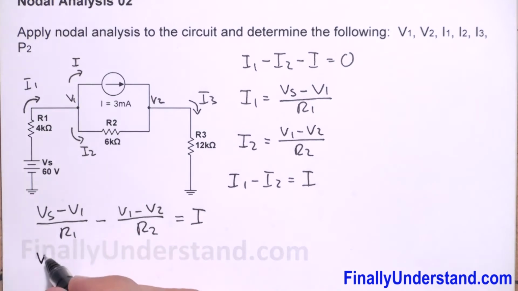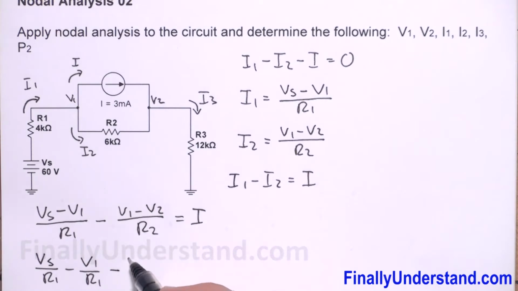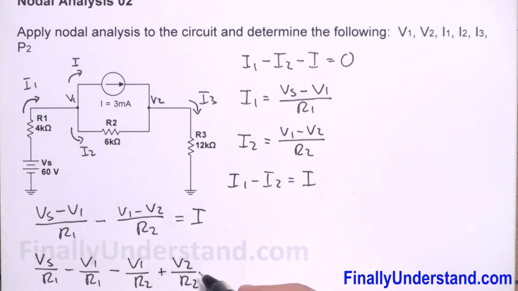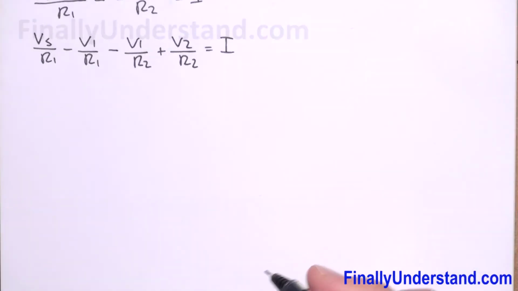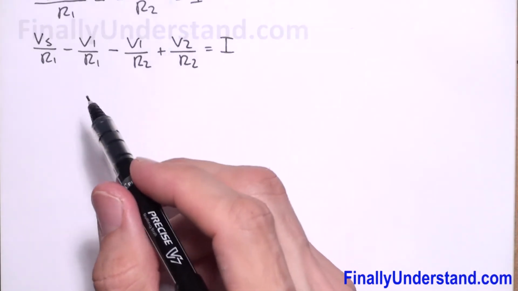So I have Vs over R1 minus V1 over R1, and I have minus V1 over R2 plus V2 over R2. I simply distribute this negative sign into the numerator, so my V1 became negative and V2 became positive. So this is equal to I. Now I'm supposed to make the factorization.